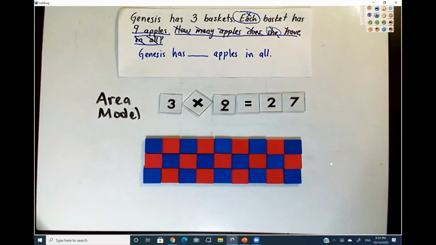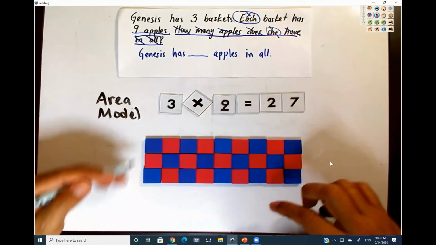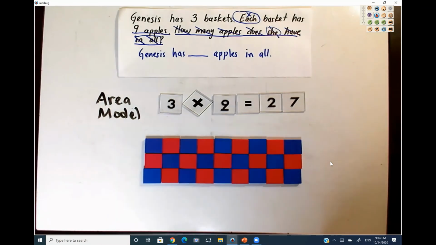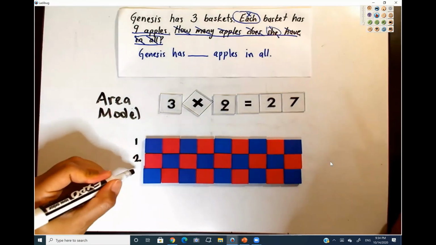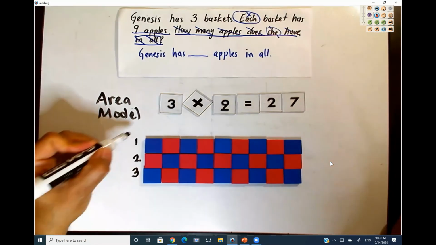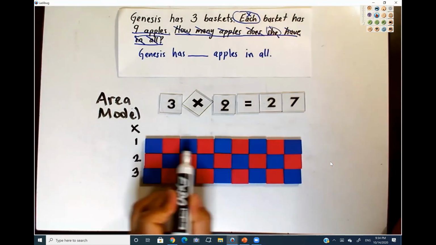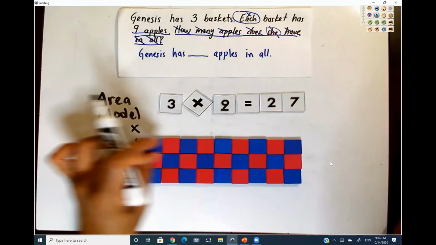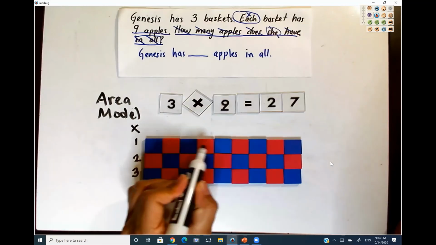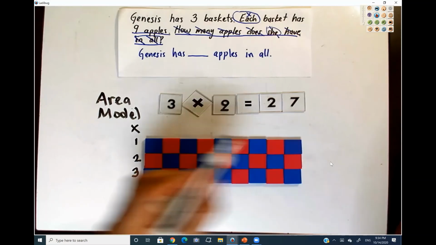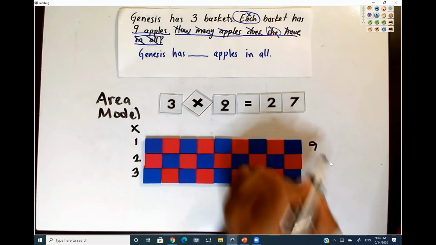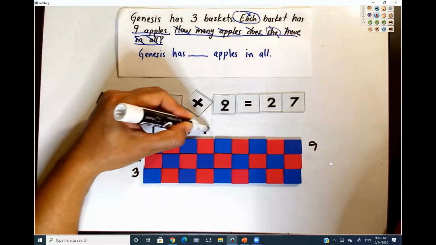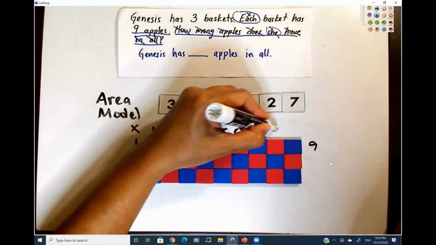And then you're going to do the same. You're going to number how many you have on the side, how many groups you have. If you notice, you have group number 1, group number 2, and group number 3. They are going to be multiplied by how many are in each row. Each of these is called a row. So in row 1, we have 1, 2, 3, 4, 5, 6, 7, 8, 9. So I'm going to put 9 here.